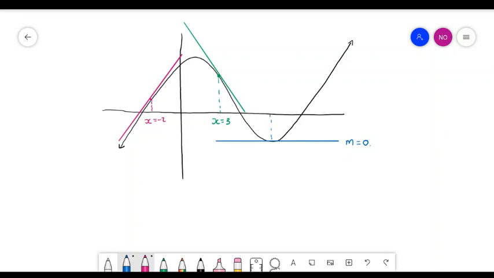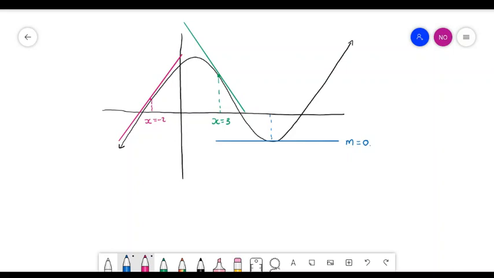Okay. But the important thing that you guys must understand is that when we are getting the first derivative, you are also getting the gradient of the line. Maar ons kan nie meer dink aan gradiënt as net die gradiënt van hierdie lyn is 4 nie. Die gradiënt van hierdie lyn kan nou iets wees soos 2x plus 8. En dan verander die waarde van x soos wat ek met die grafiek aanbeweeg.